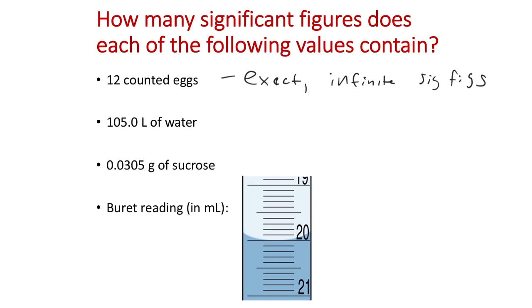Do you see how that 12 counted eggs is different than like 12 grams? Like 12 grams could have been somewhere between 11 and 13. 12 counted eggs is exactly 12. So when a value is exact, we're going to treat calculations a little bit differently than when it's some sort of measured or inexact quantity. So 12 counted eggs, exact.